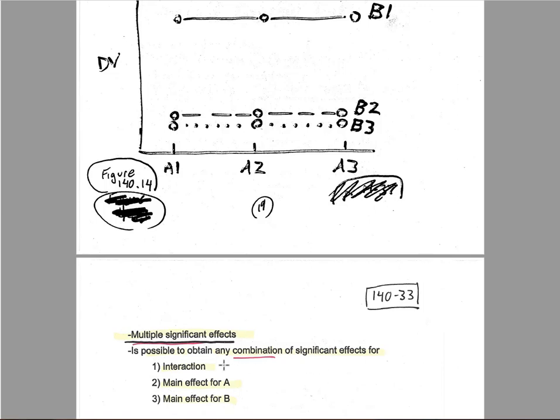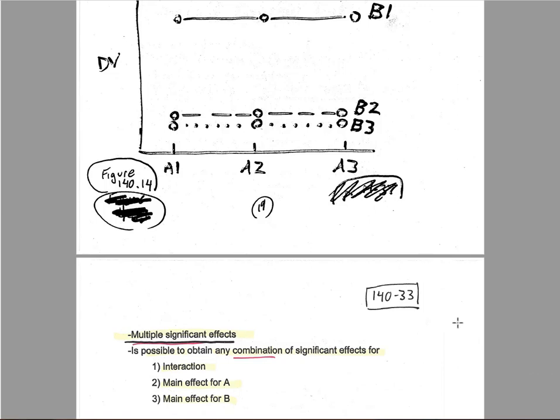Significant interaction effect, significant main effect for factor A, significant main effect for factor B. Maybe your interaction effect is significant, the main effect for A is significant, but not the main effect for B. Maybe there's a main effect for factor A, a main effect for factor B, but not an interaction. Any number of combinations of significant effects are possible.